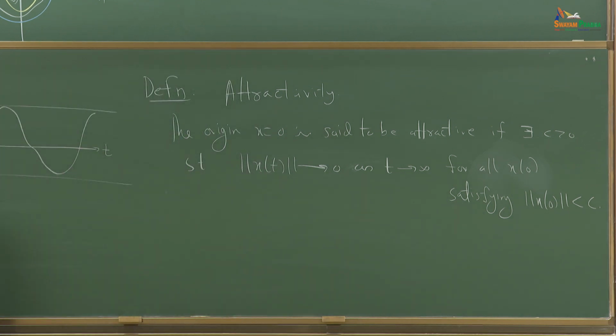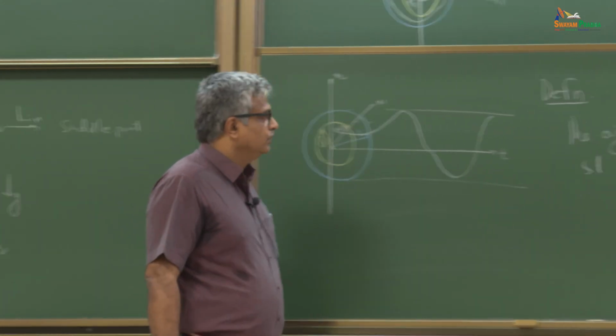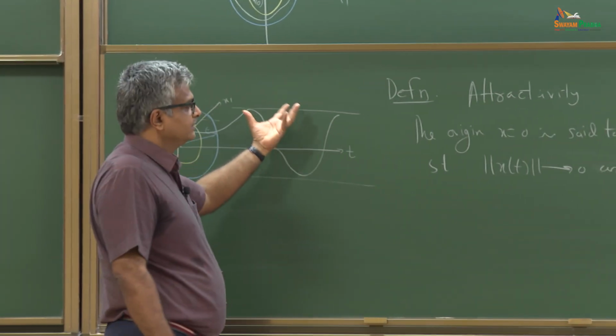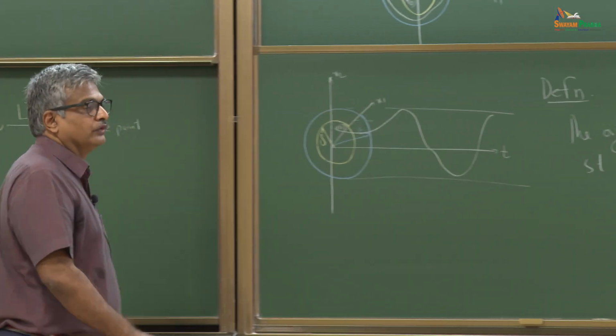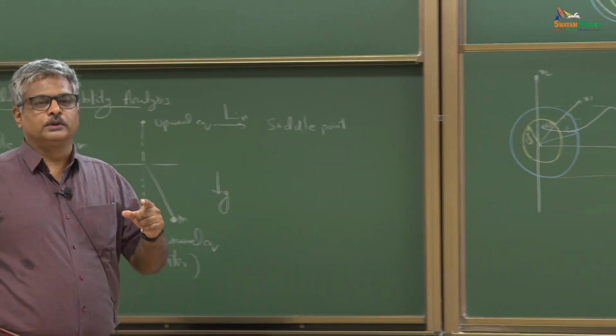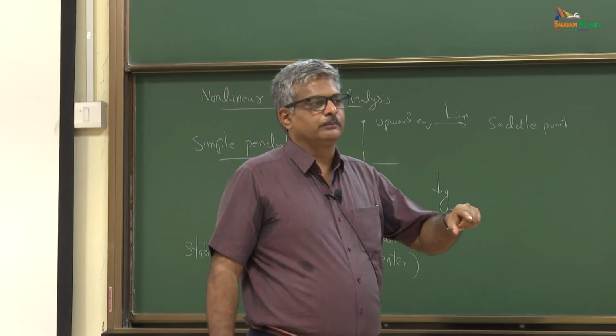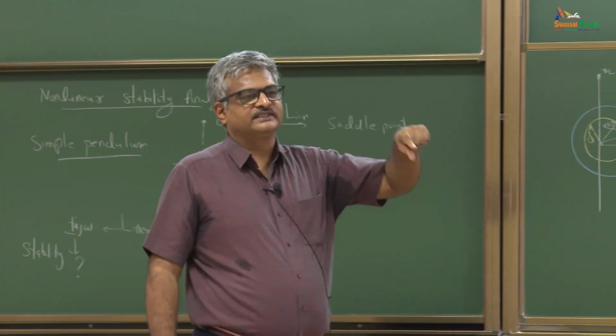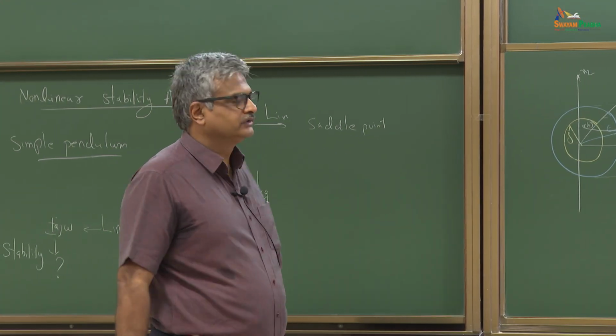Okay. So attractivity is saying that, see here I use the norm because they could be all vectors, right? My x is in Rn, and we are talking about the ball. So that's why, if you remember the way we defined the open ball, it was all points x such that the norm of x is strictly less than some positive number.